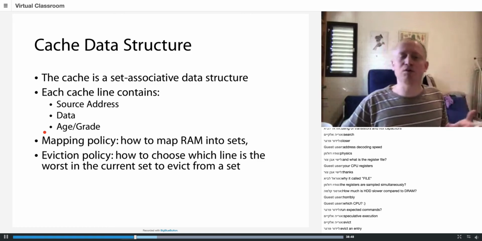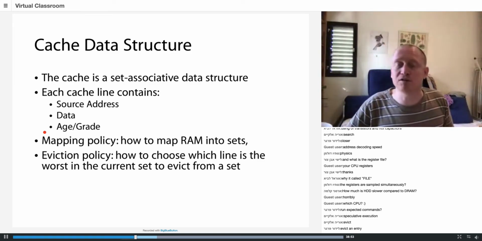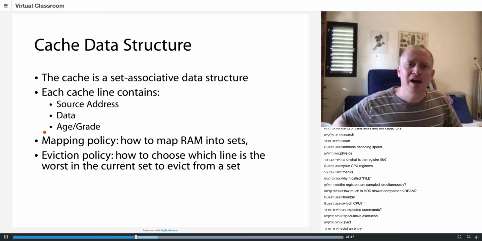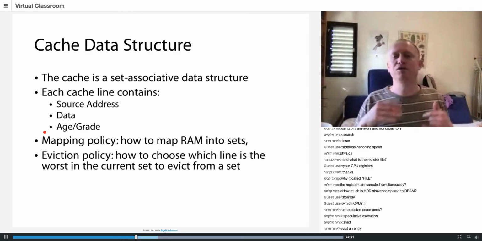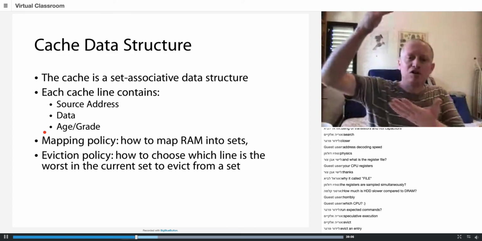The size of a set is called the wayness. It could be 12 entries or 16 entries, not much more than that. So it's very, very quick to search. And this mapping algorithm is designed so that if you have random addresses in memory or buffers and stuff like that, they're going to be spread out very nicely over the entire cache.